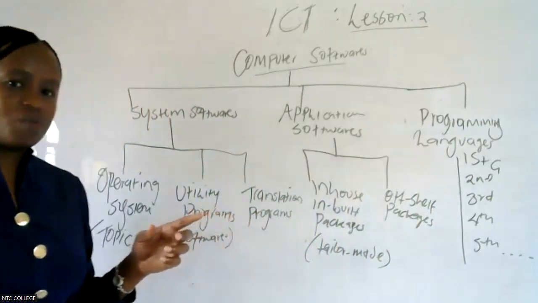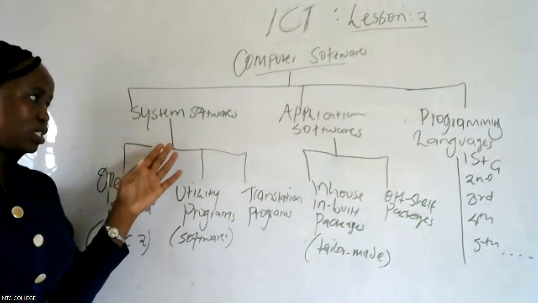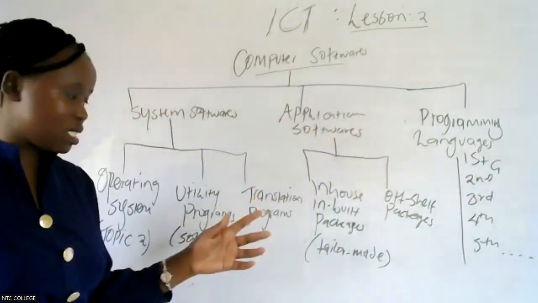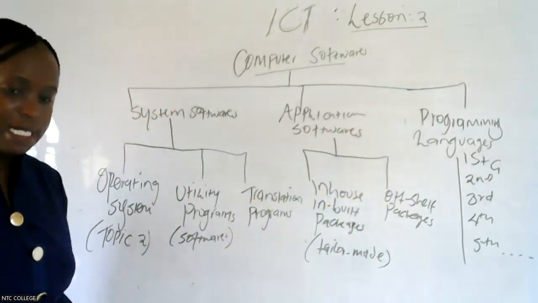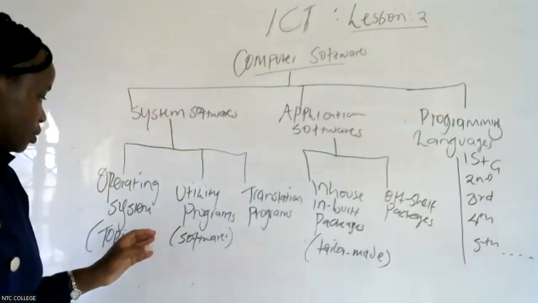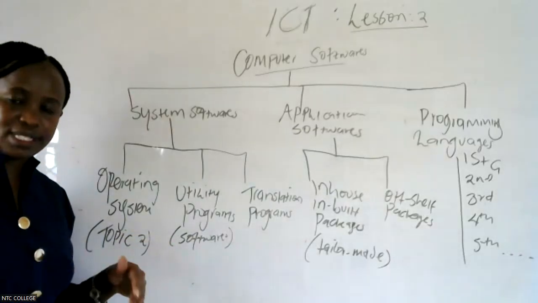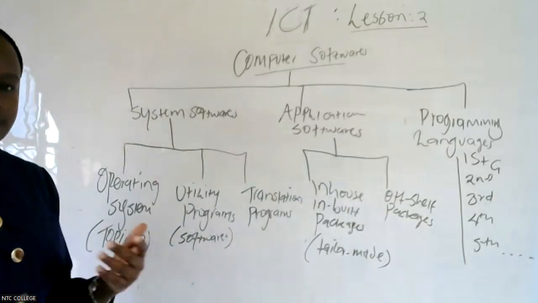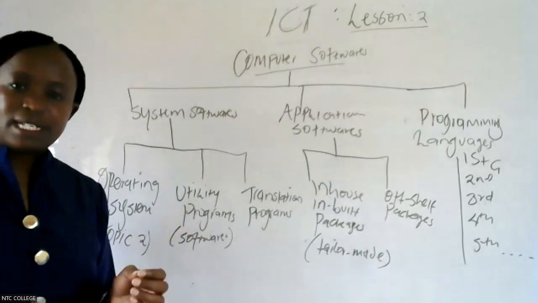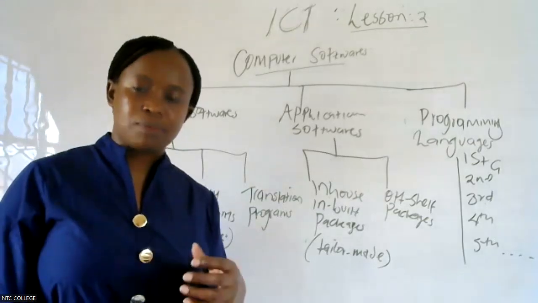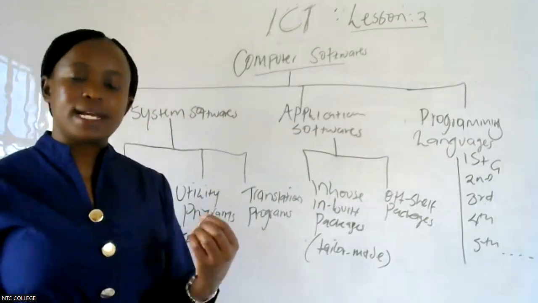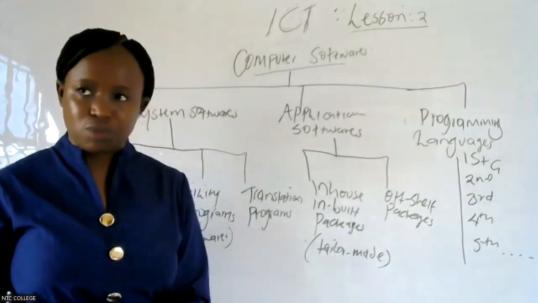Now, let's move from this side again. I've told you the definitions for each of those three branches. When it comes to operating system, that is our topic number 2. That's what we shall start maybe in a couple of days, let's say next week. But operating system is a very key software, a program that is very crucial, because without this, we cannot manage the computer resources.